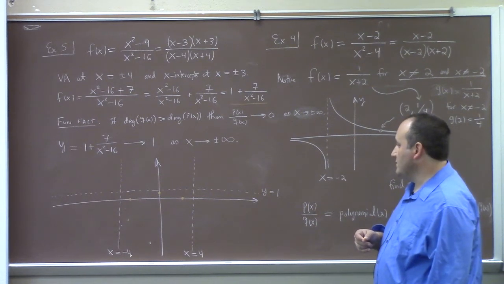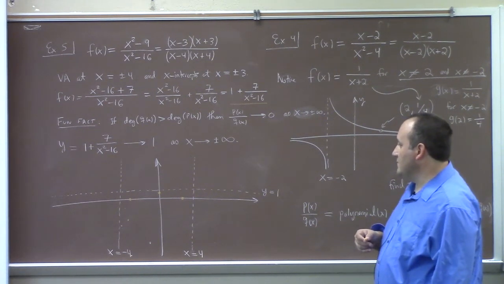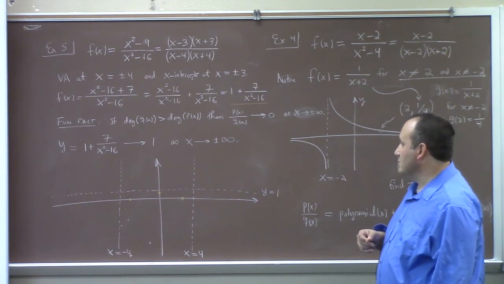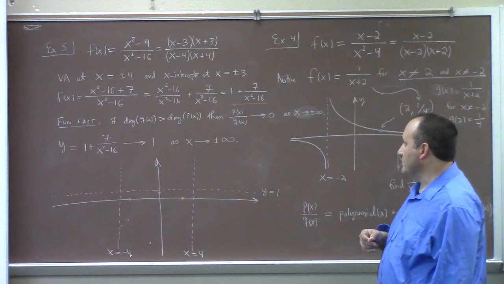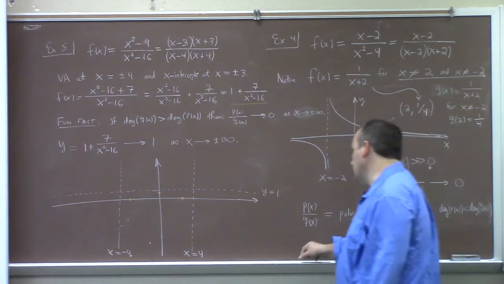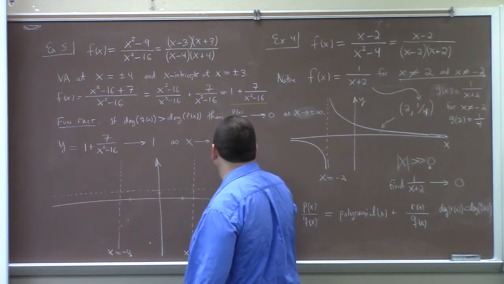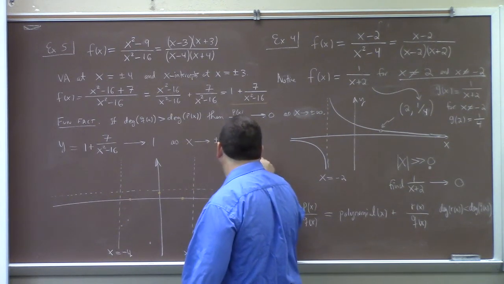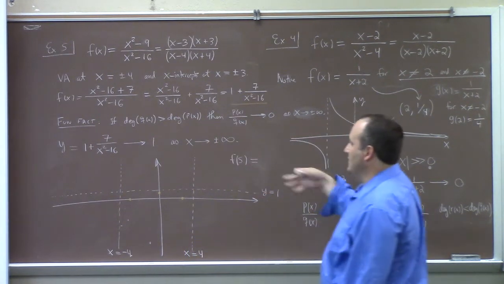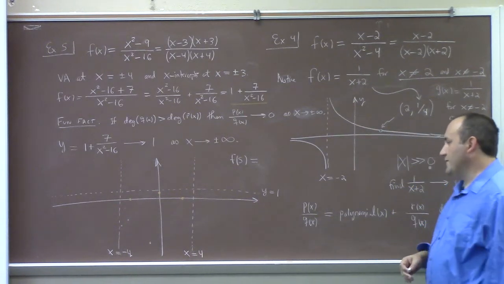Let's see here, what else? What if we plug in, let's see, I feel like I need some more guidance. What's f of 5? If in doubt, plug in more points, right? F of 5 is what?